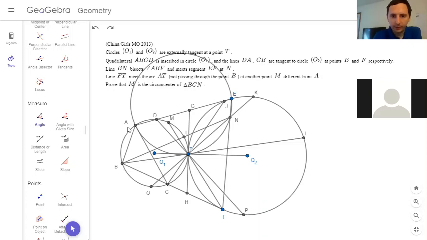So we want to show angle ATB plus NTI is BFE. So BFE is half of arc EF, and this is half of arc EI.